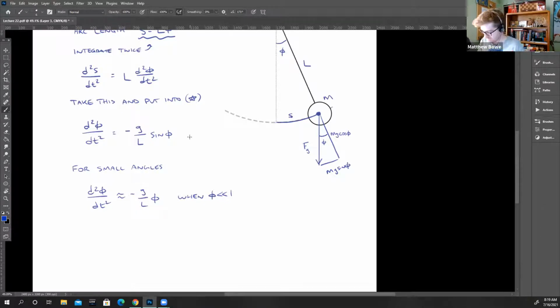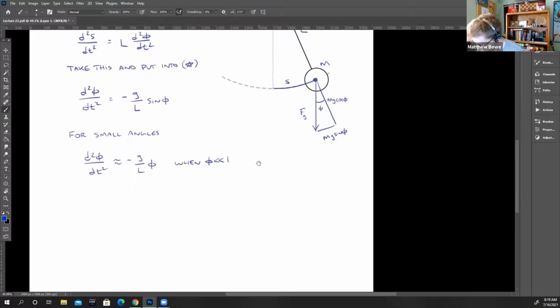So the sine of this is pretty much, for small angles, the sine value goes away.